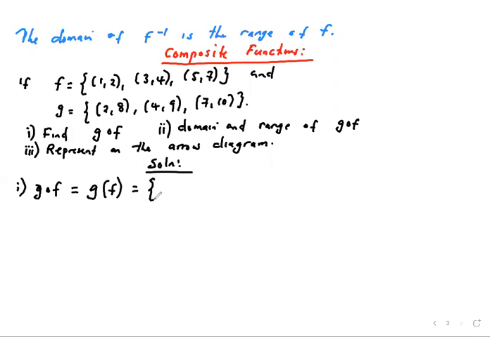Now, if you're dealing with ordered pairs, immediately you see such a question, go for f, get the first entries of f, and make them your first entries in the composite. So there will be 1 here, comma, you close. There will be 3, comma, you close.